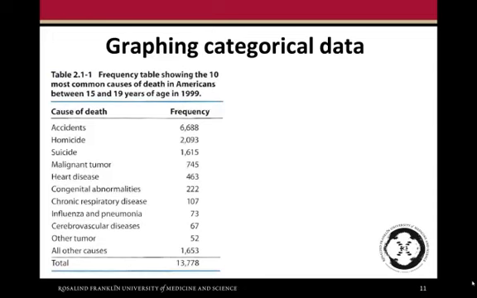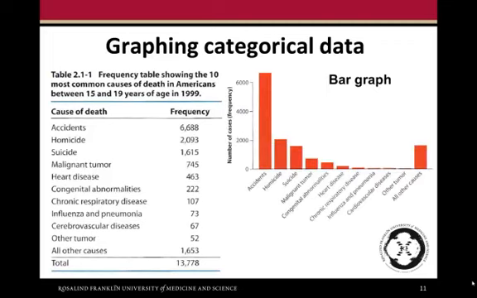And we can't create really a frequency distribution from this because frequency distributions have a continuous, numeric variable on their x-axis. So what we would create in this case is a bar graph. So along the x-axis here are the different types of accidents, and on the y-axis is the number of cases.